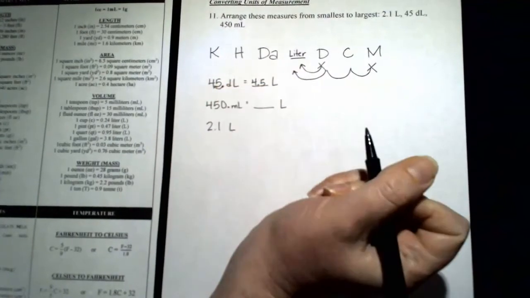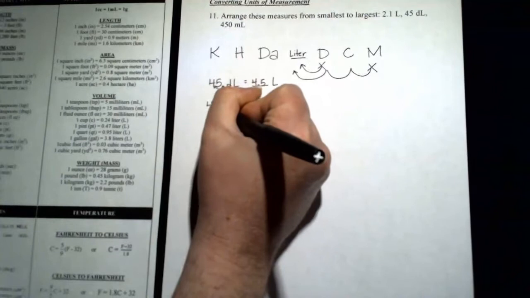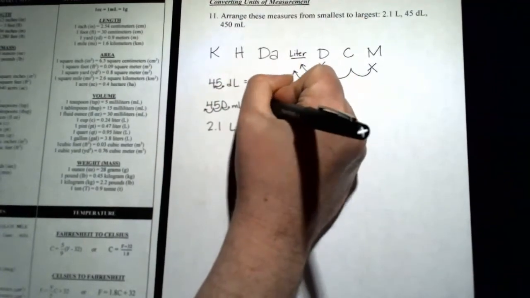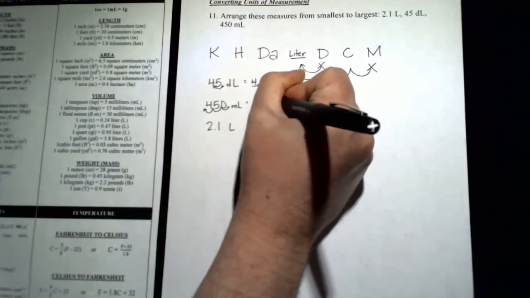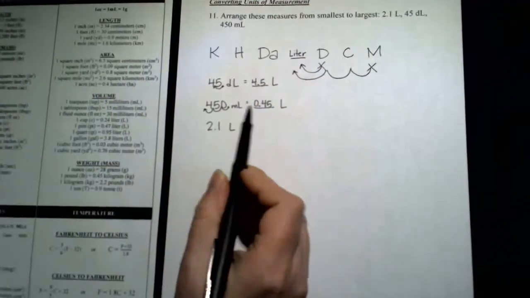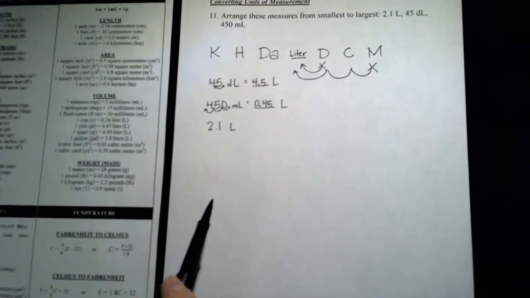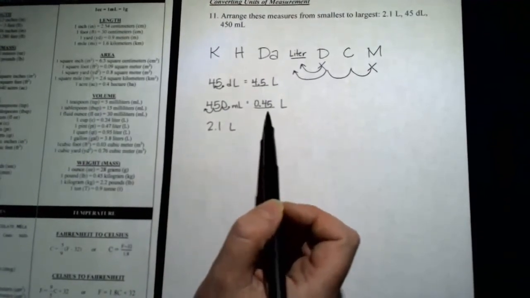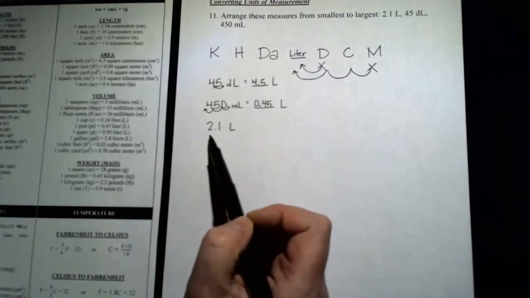So starting at the back. 1, 2, 3, puts it in front of the 4. I'm going to drop the 0 off because it's now to the right of the decimal. So here are my 3 measurements, all in the same unit, and now I can compare them.